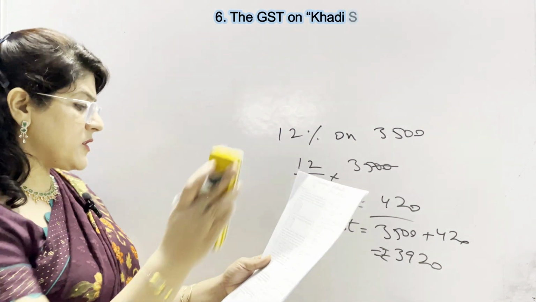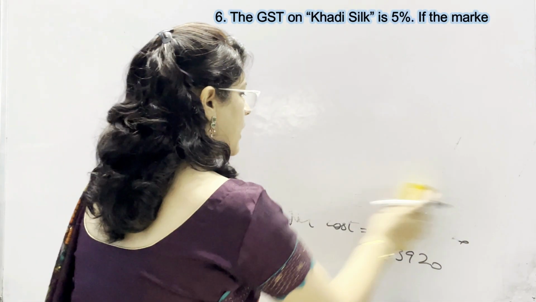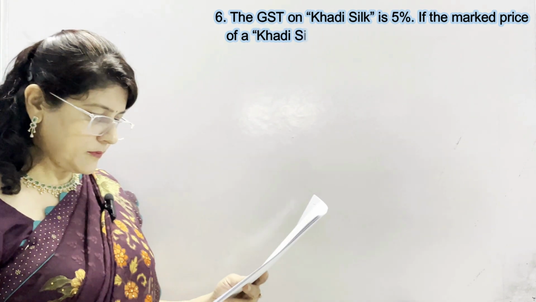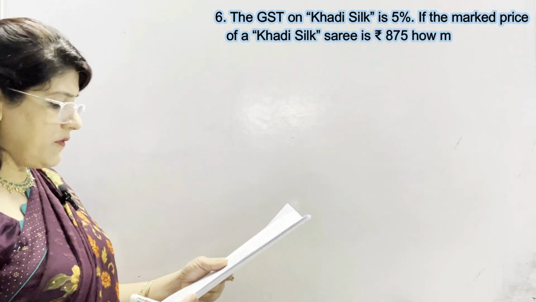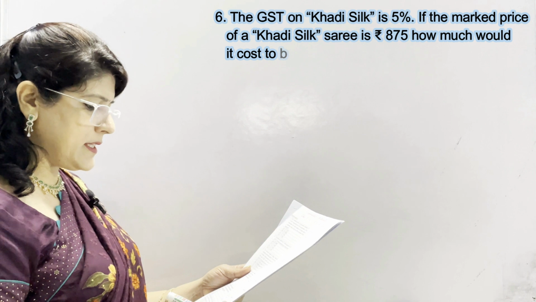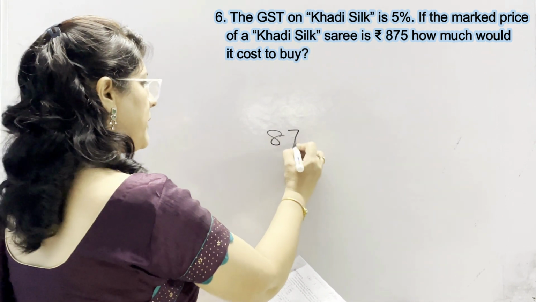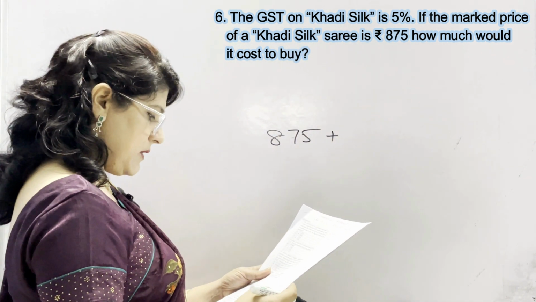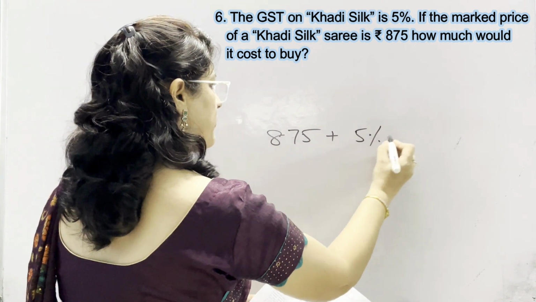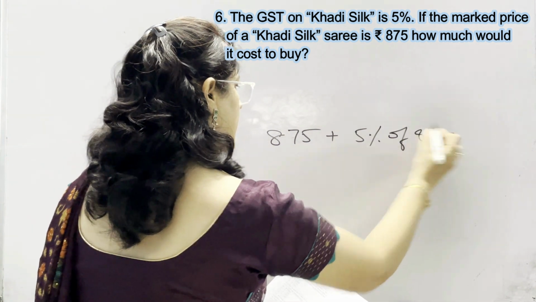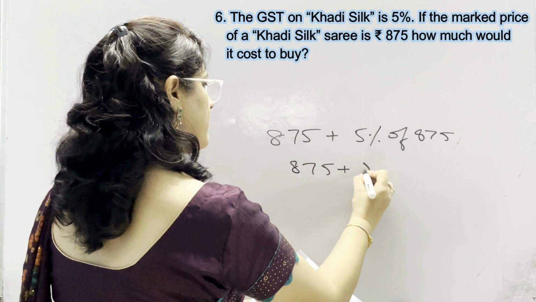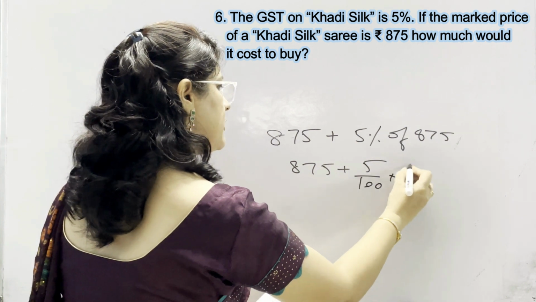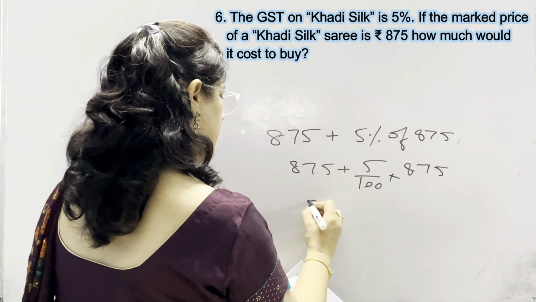Now next is the sixth question. The GST on khadi silk is 5% and the marked price of the khadi silk sari is 875. Now marked price is 875 plus 5% GST. So 5% of 875: 875 plus 5 upon 100 into 875.